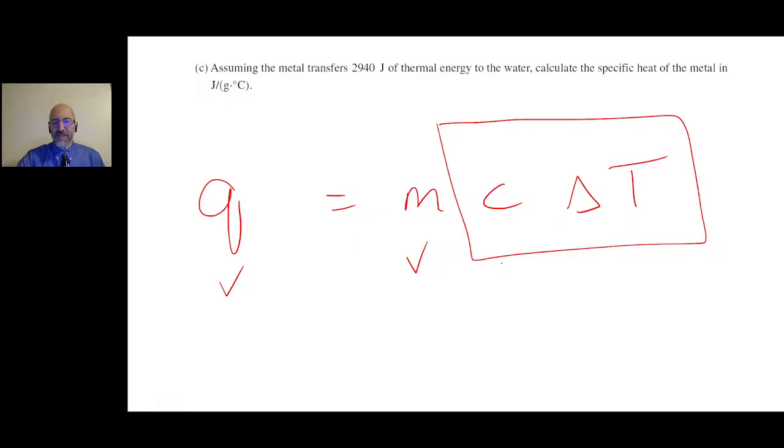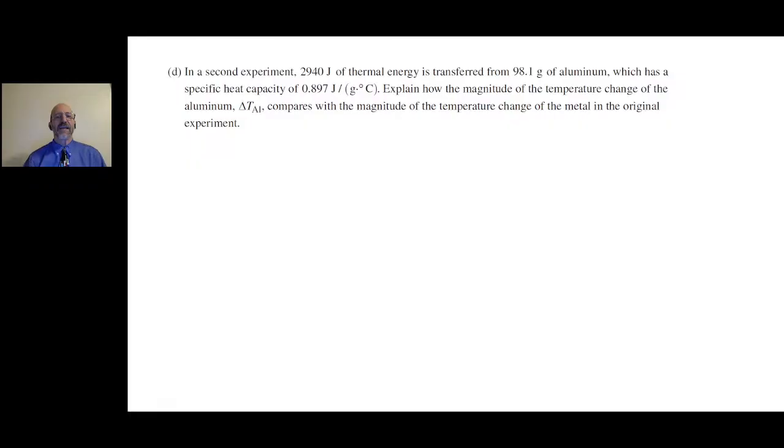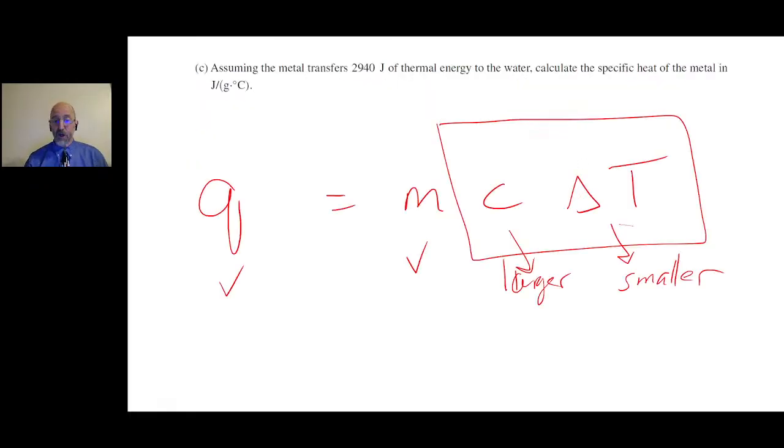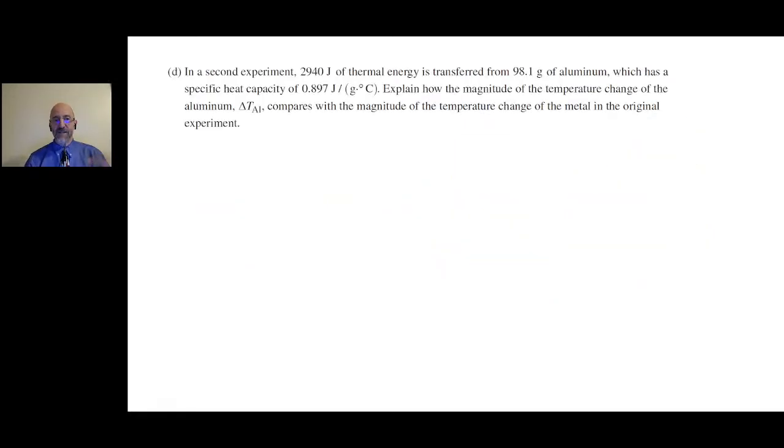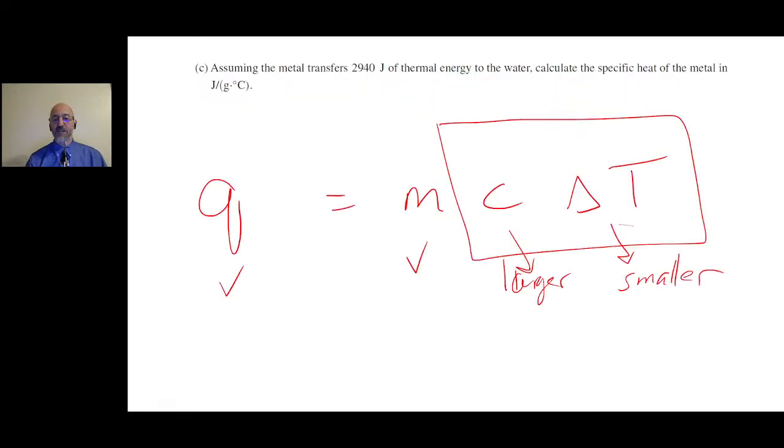If you use a larger value for the specific heat capacity, then this will be smaller. And that's what we can do mathematically or just talk about it conceptually. So explain how the magnitude of the temperature change of aluminum with a larger value of C would be different, comparing the two experiments. I would say it's going to be a smaller delta T.